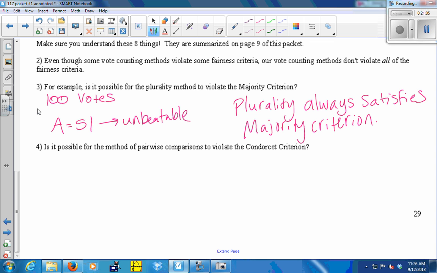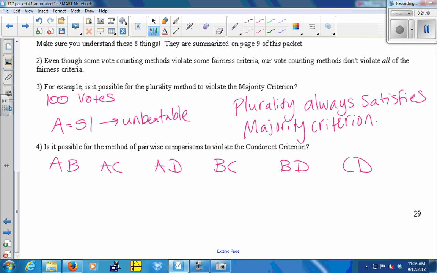How about the method of pairwise comparisons? That's with all the head-to-head matchups. Is it possible for that method to violate the Condorcet criterion? Okay, let's do a quick example. We'll do 4 candidates. So we have AB, AC, AD, BC, BD, CD.